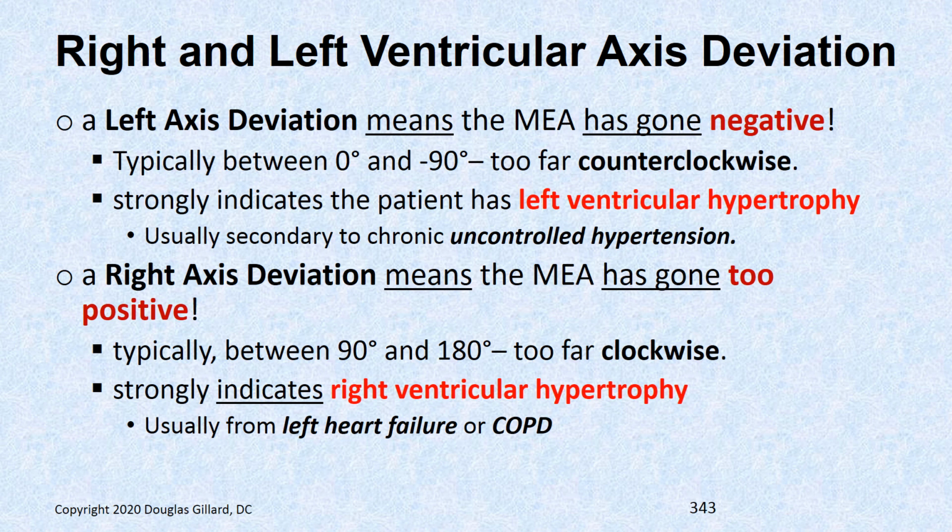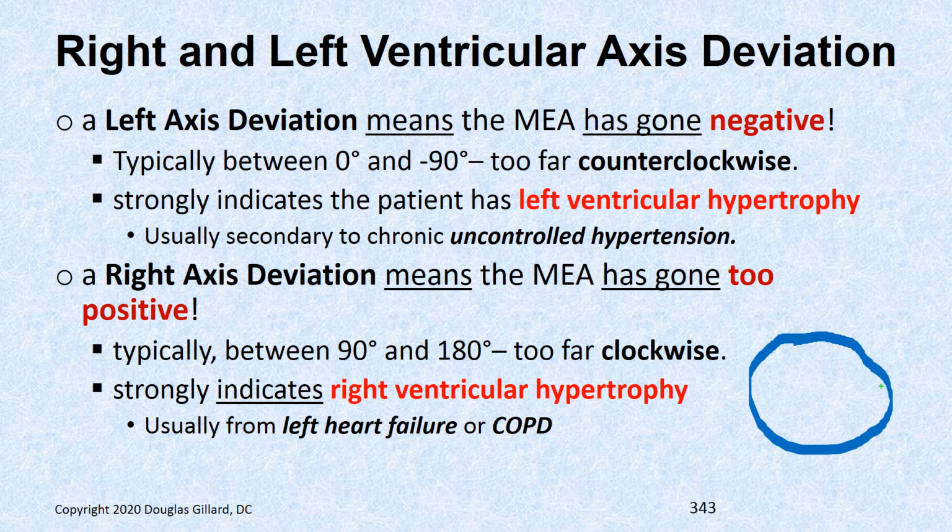Awesome, let's do another one. Right and left ventricular axis deviation. Left axis deviation is important too. It means that the mean electrical axis has gone negative. It's gone more counterclockwise than normal, and I've showed you that already.